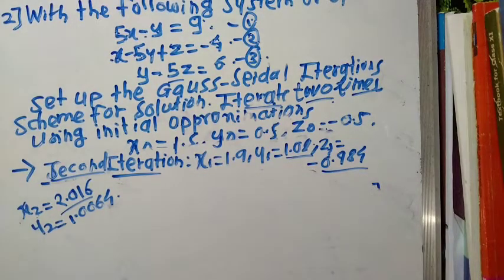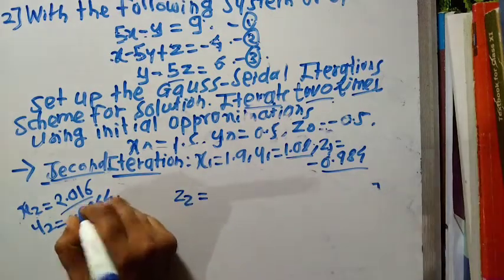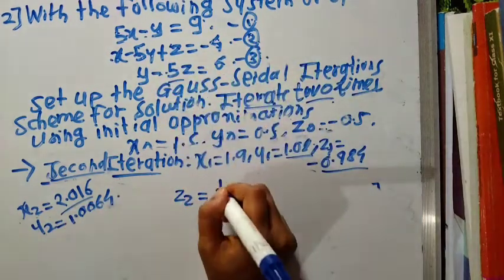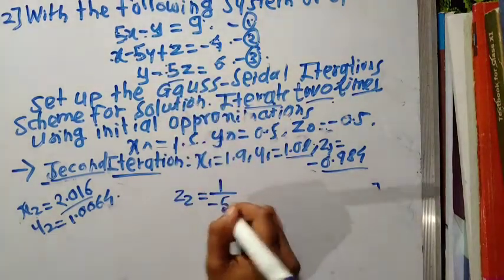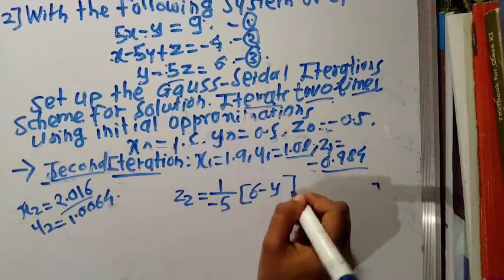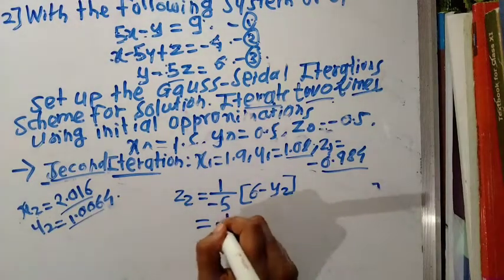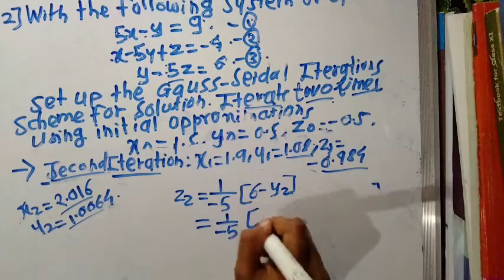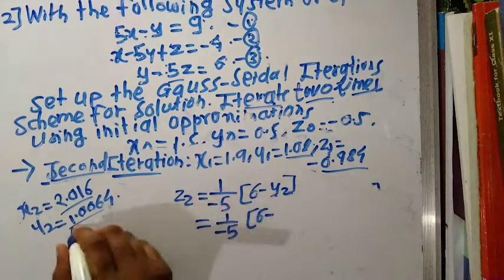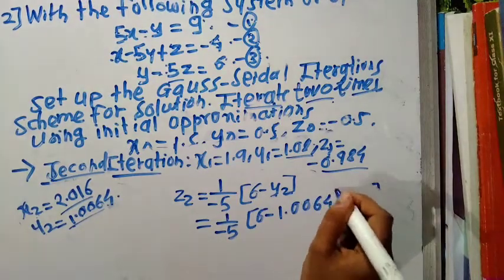Then find out z2. So z2 from equation third is 1 divided by minus 5, 6 minus y, and here we use y2. So 1 divided by minus 5, 6 minus y2 is 1.0064.